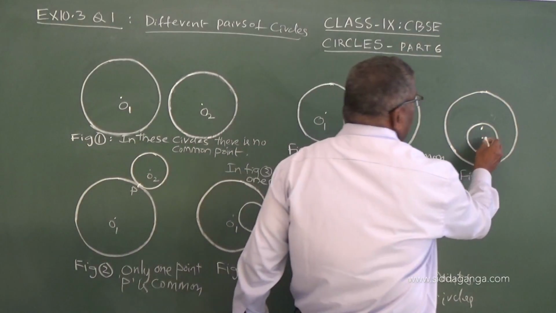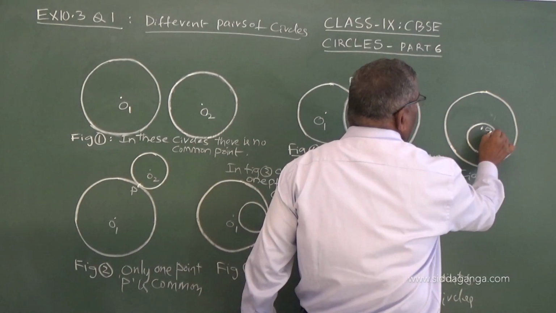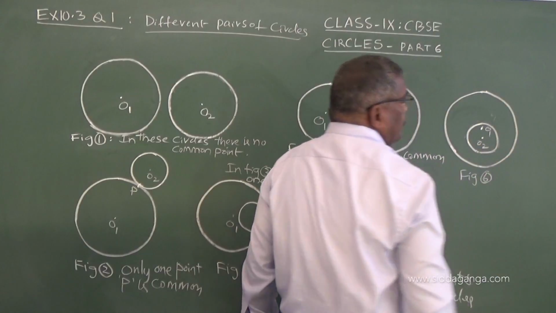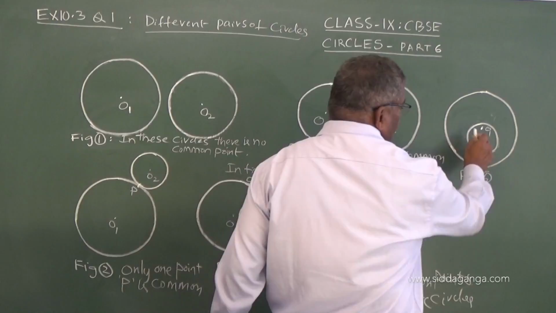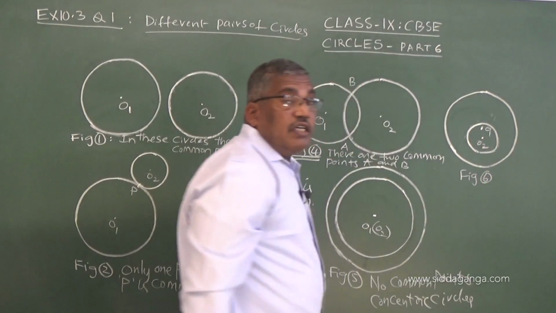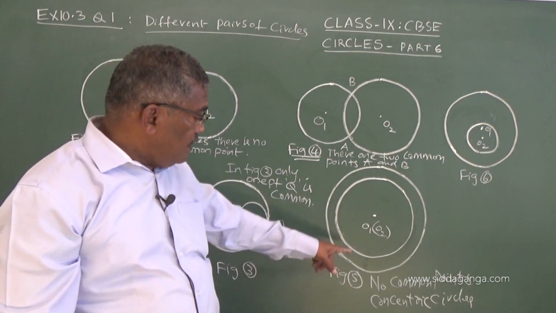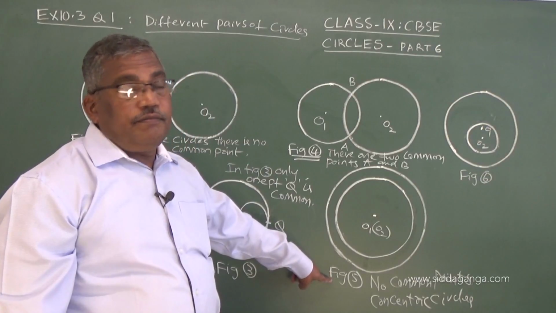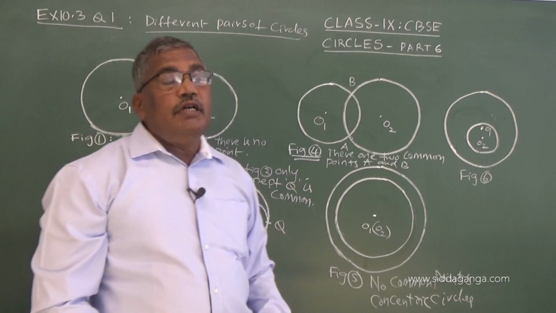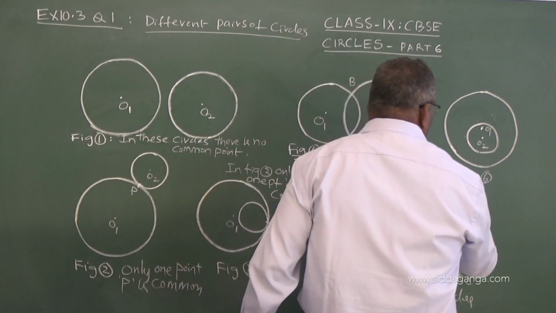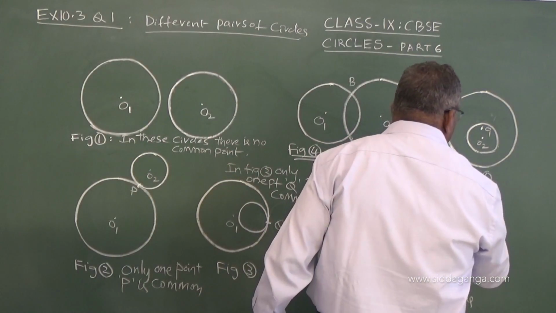Now this is O1 and O2. There are two circles here also, but they are not concentric as in figure 5. Even then there are no common points.